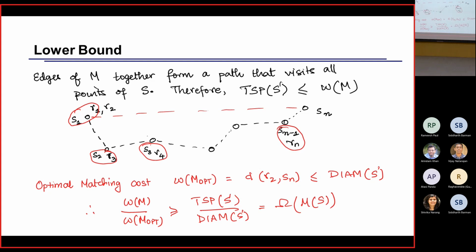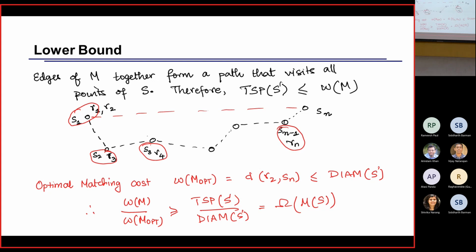And this is at most the diameter of the points. Right? So in other words, the online matching is greater than the TSP. The optimal matching is less than the diameter. So you can take the ratio here, and that's at least TSP by diameter, which means there's a lower bound of mu of s.